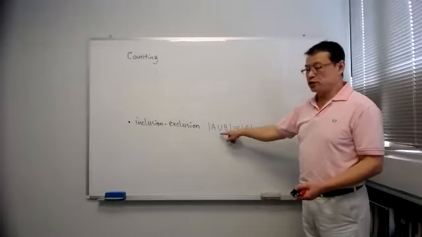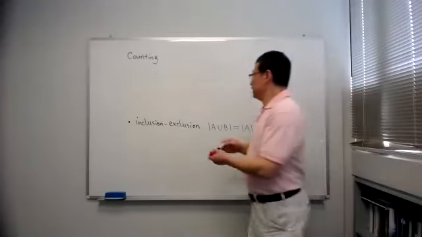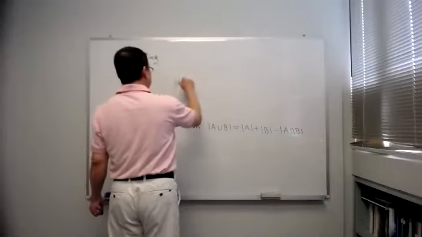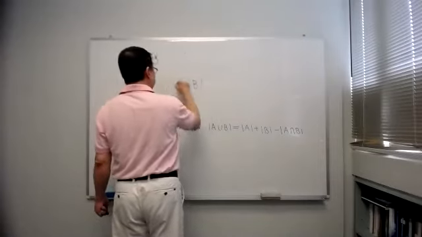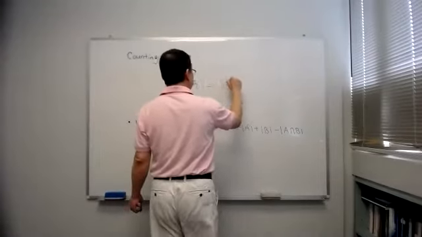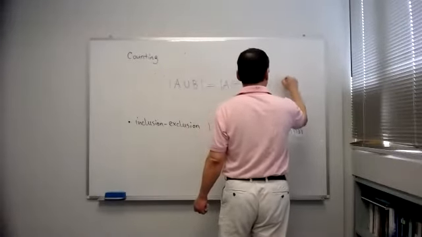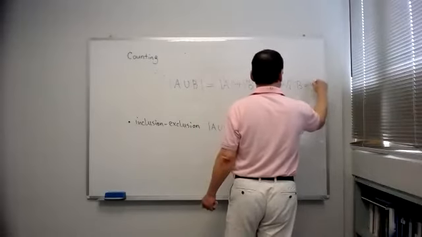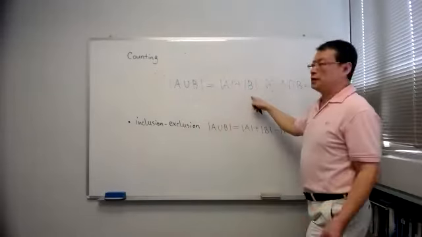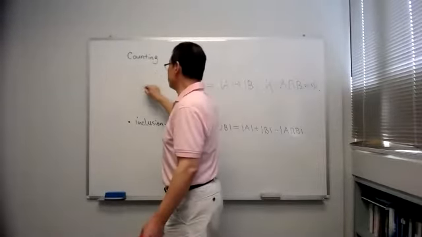When A and B are disjoint, we have the sum rule. That's exactly the sum rule.